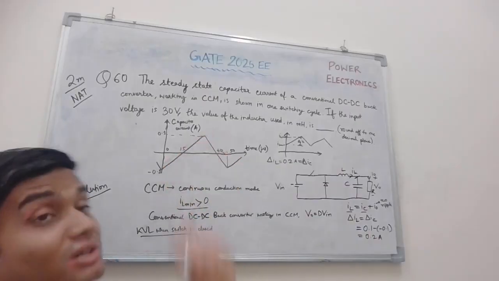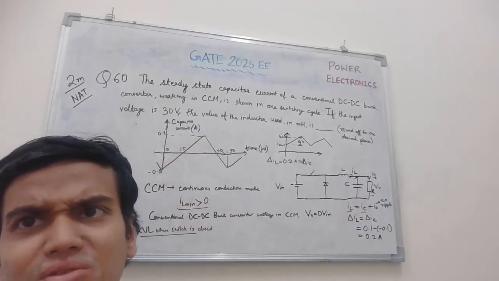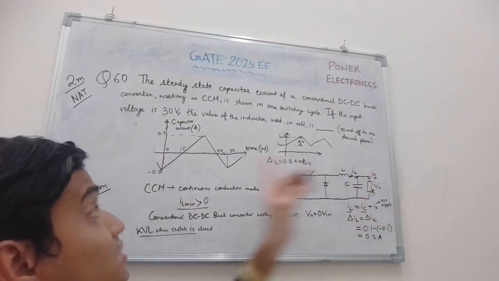Because it is the increasing part of the current, the capacitor current is the same as the inductor current change, as the output current is constant.